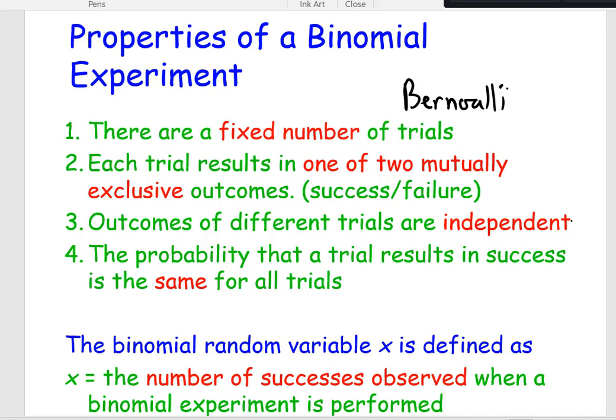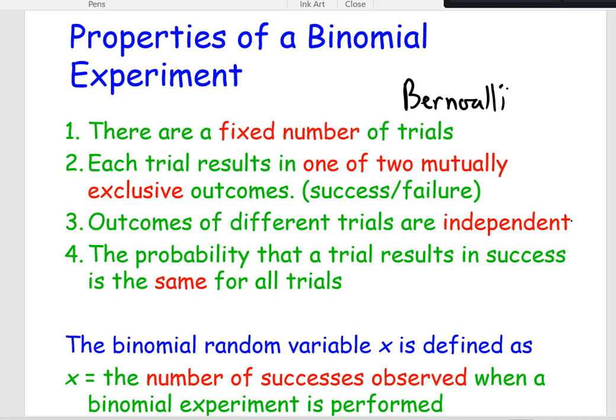Flipping a coin, we might label heads a success, tails a failure. Rolling a die could still be used. We might label getting a 1 or a 2 a success and everything else a failure. So it's not just two outcomes, it's that they can be divided into those two events or two categories of success or failure. Each trial results in one of two mutually exclusive outcomes.